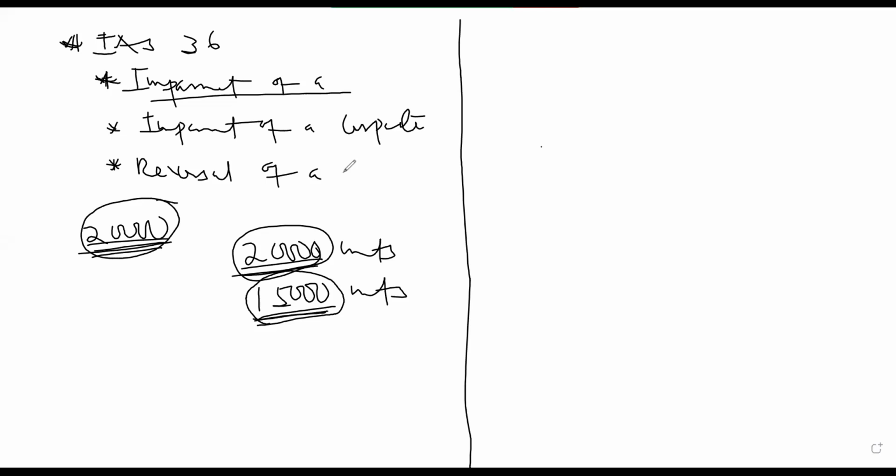If the value is 20,000, the benefit should be 20,000 units. If it is 15,000, the value of the asset will no longer be 20,000, because the benefit will be less. So what should be the value of the asset that will give us a benefit of 15,000? That is the impairment that we are talking about.